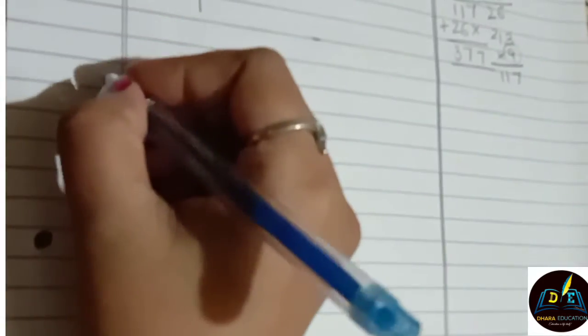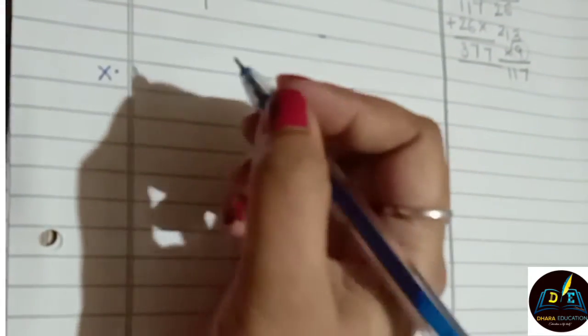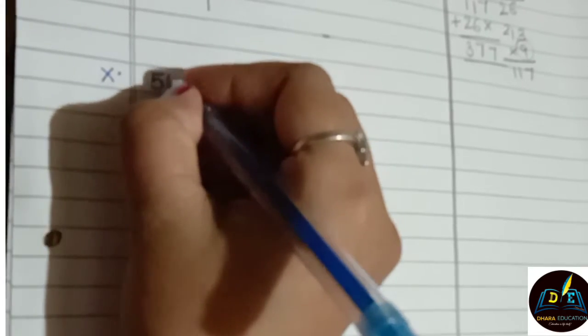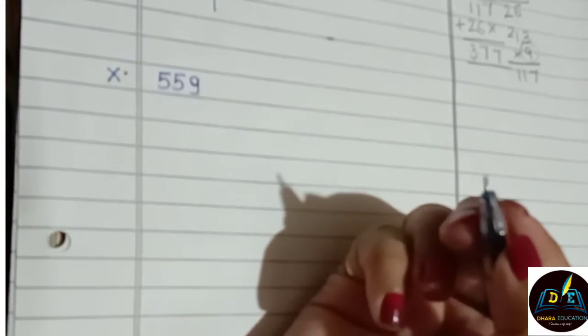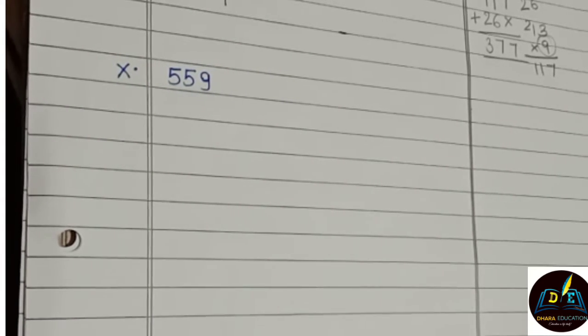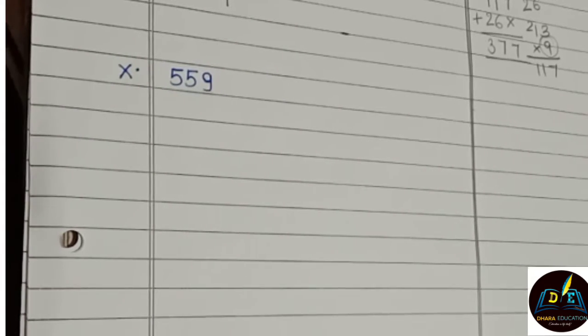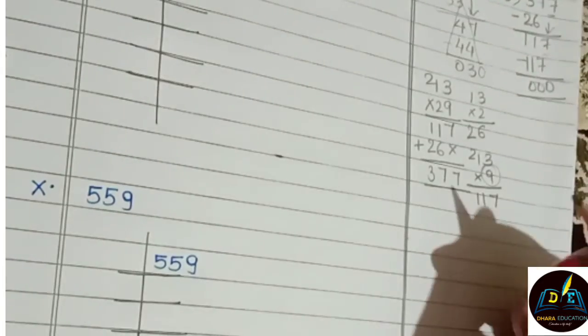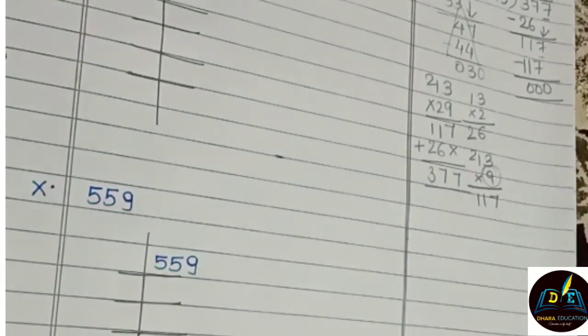So now students, we will start with the 10th sum, the very last sum, which is of 559. Okay. So for this reason also, we will start by drawing the line for the factorization. So now students, I have drawn the line and I have also written the question.